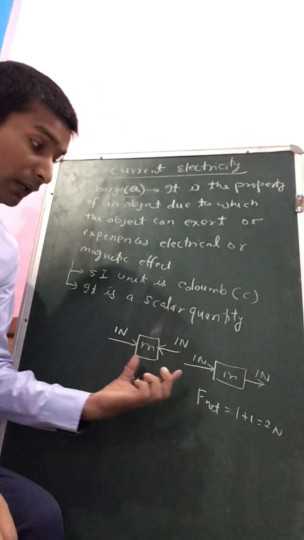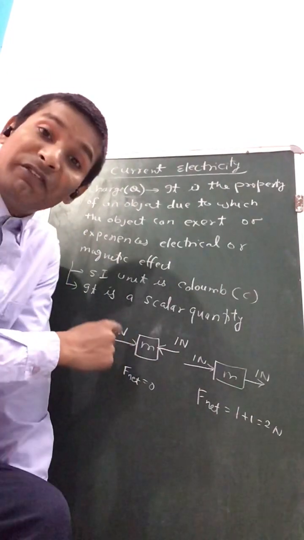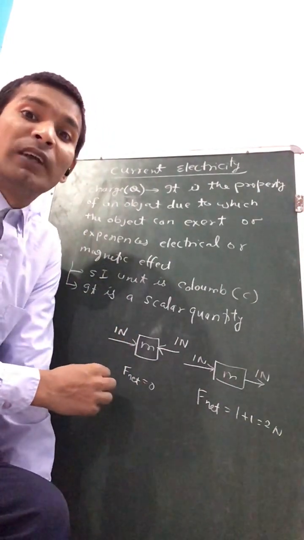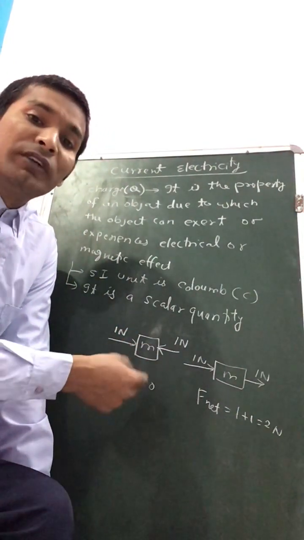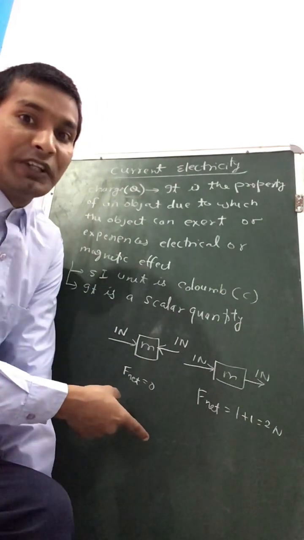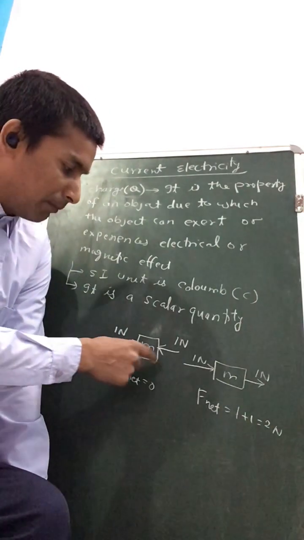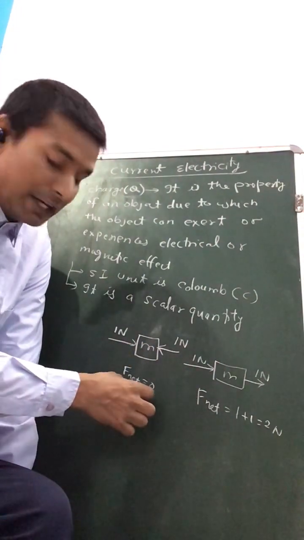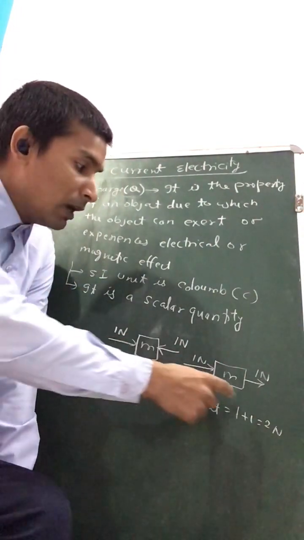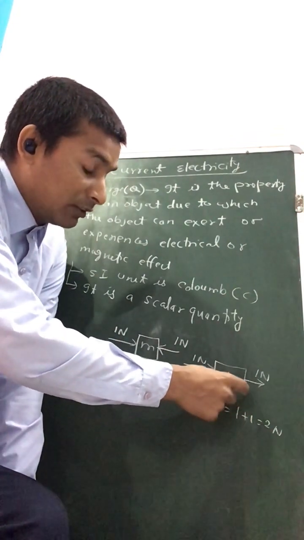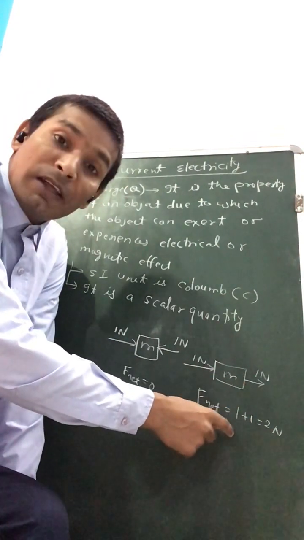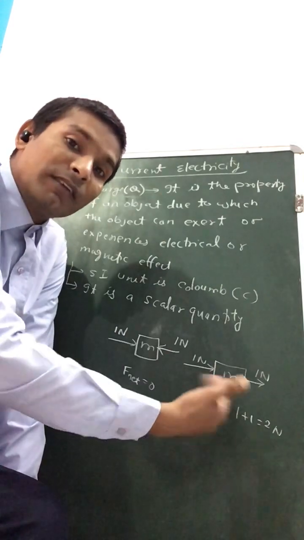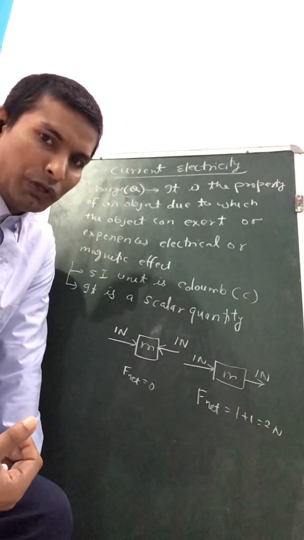So the quantity force requires magnitude as well as direction for representation, right? In the first case the direction is opposite to each other, then net force is 0. But when the direction of the force is the same, then it is 2 Newton.